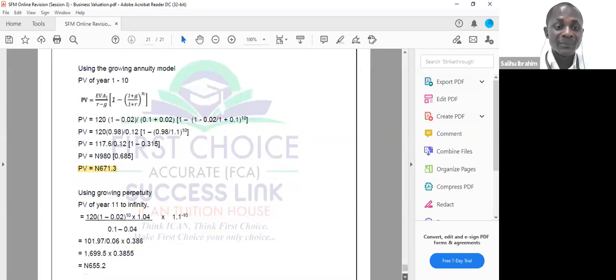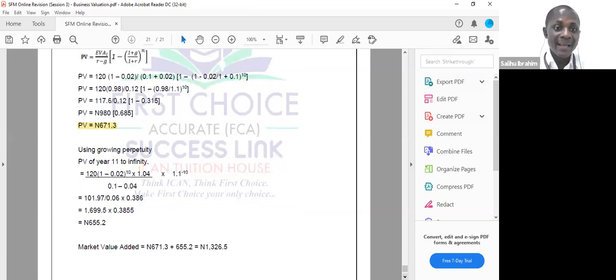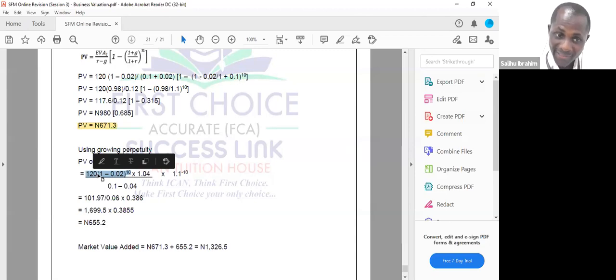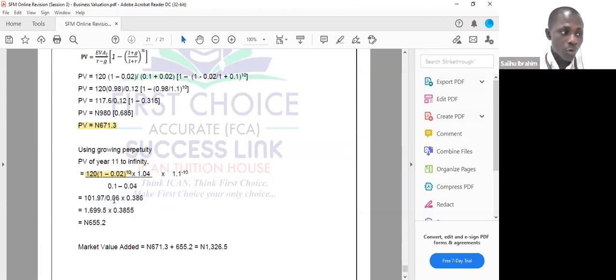The present value from year 11 to infinity, okay? From year 11 to infinity, the first thing I need to get is the year 10 figure. Don't forget, it is from year 10 that we are going to grow it to year 11.